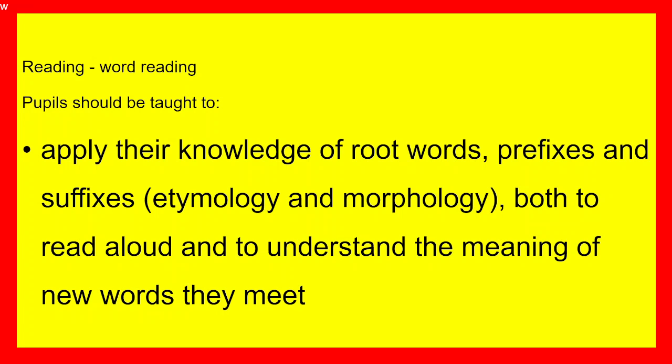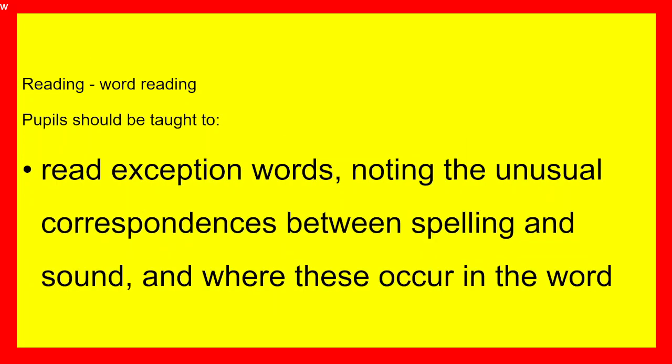That means etymology, which is the origin of words, the history of words, and morphology, which studies the formation of words, both to read aloud and to understand the meaning of new words they meet. Then children are taught to read exception words, noting the unusual correspondences between spelling and sound and where these occur in the word.